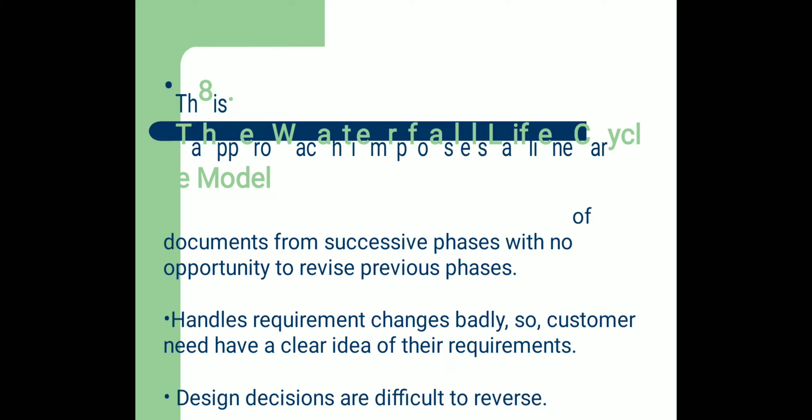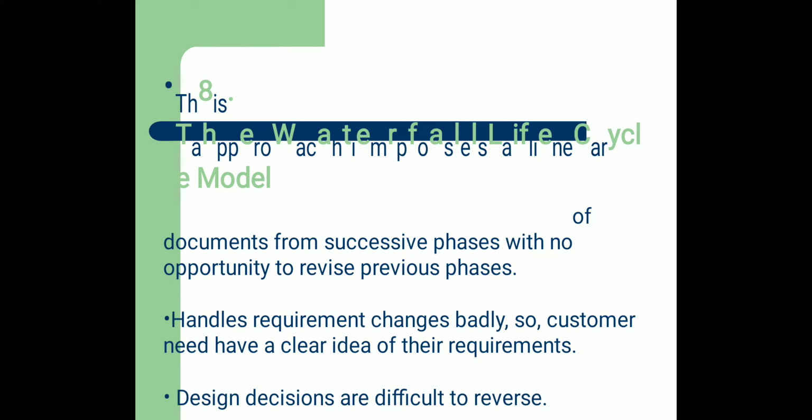The approach imposes a linear order of documents from successive phases with no opportunity to revise previous phases. Linear means it is a step by step process, or you can call it straightforward. It handles requirement changes badly, so the customer needs to have a clear idea of their requirements.